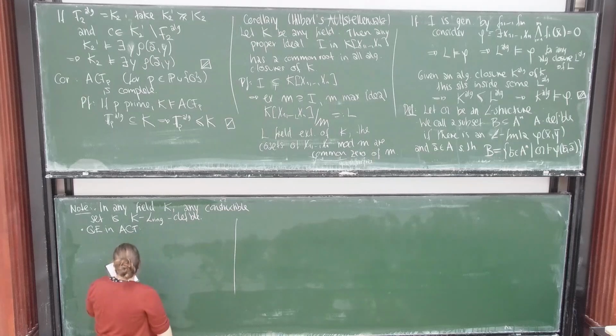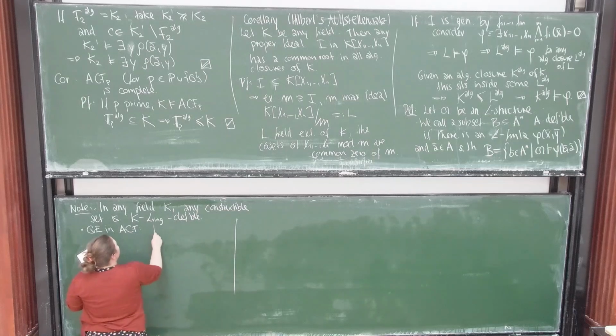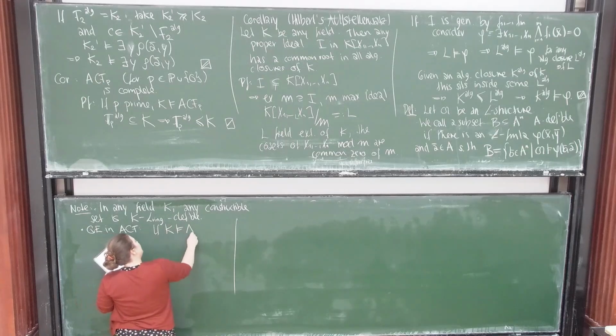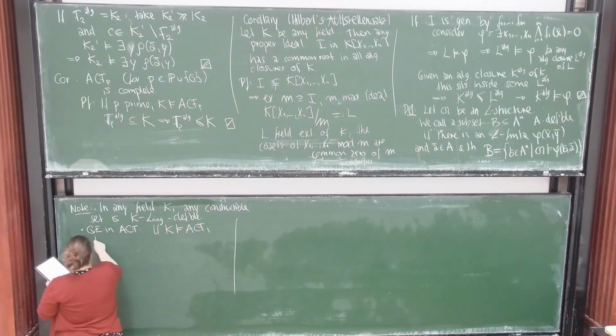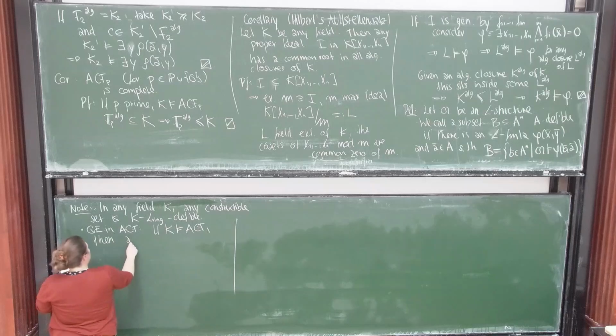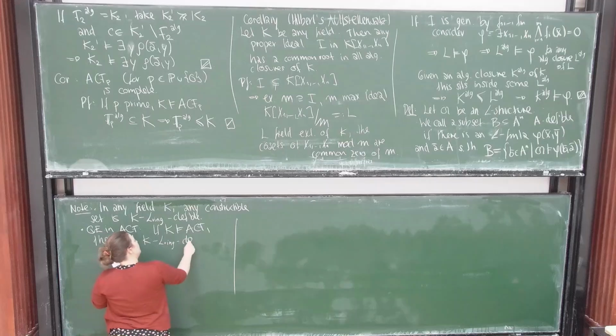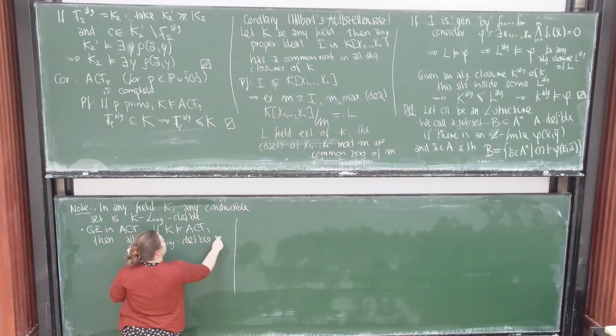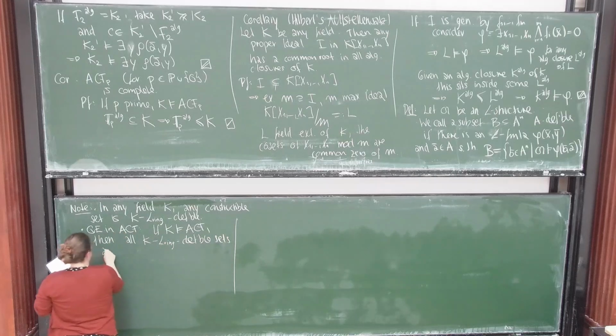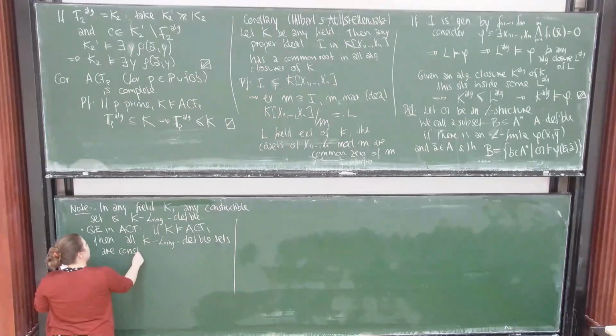So quantifier elimination in ACF says if K is a model of ACF, then all K ring-definable sets are constructible. I just can't do anything else.